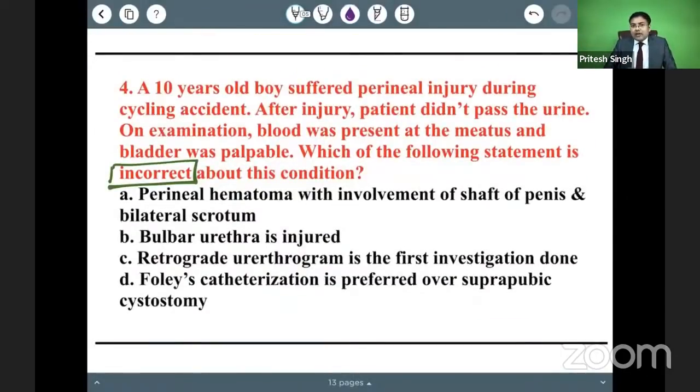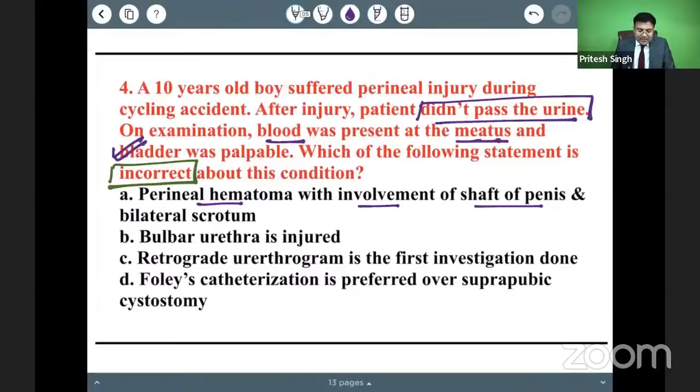Now see the question again. A 10 year old boy suffered perineal injury during a cycling accident. The patient didn't pass urine. Blood was present at the meatus. Bladder was palpable. Which of the following statements is incorrect? First, perineal hematoma with involvement of shaft of penis and bilateral scrotum. Sir explained it, it is correct. Bulbar urethra is injured, obviously the most commonly injured part of the urethra. Correct.